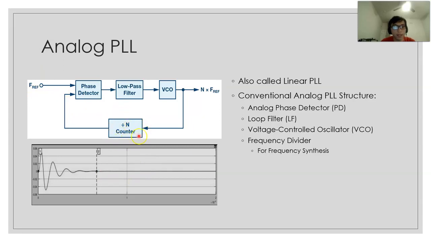And because this one is the frequency divider, the output will be a clock signal with a frequency that is N times larger than the input signal, and that's how the phase lock loop generates a new clock signal at a much higher frequency.